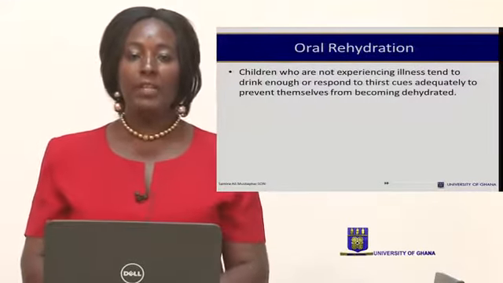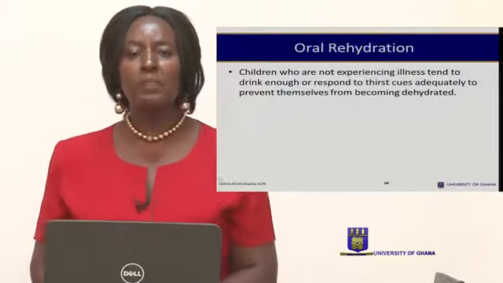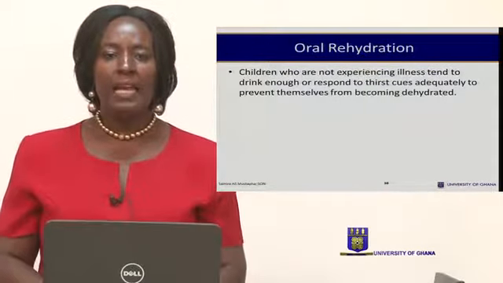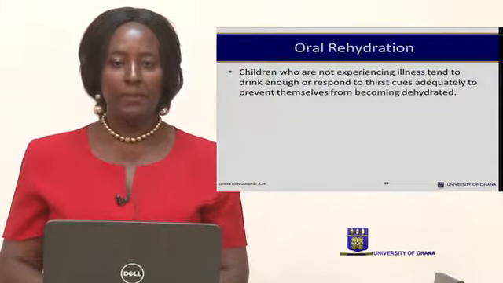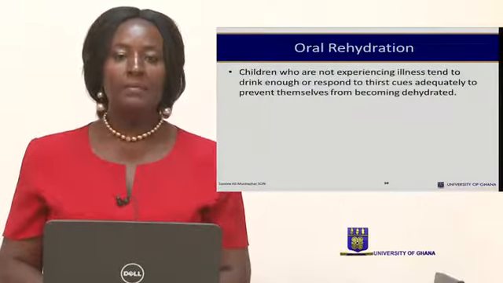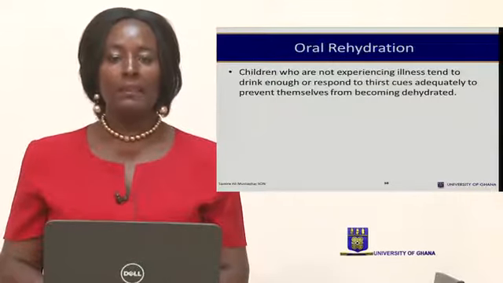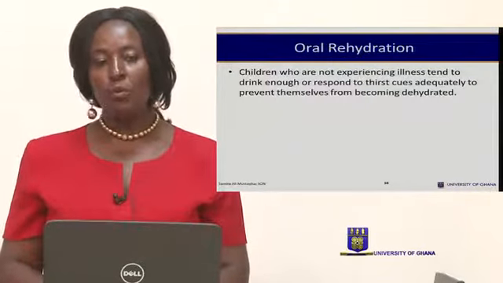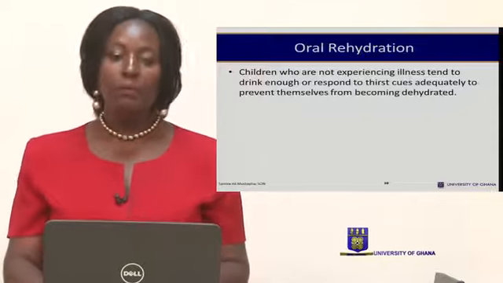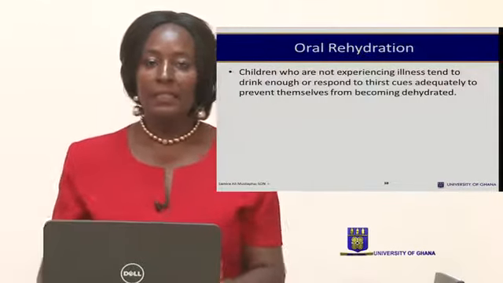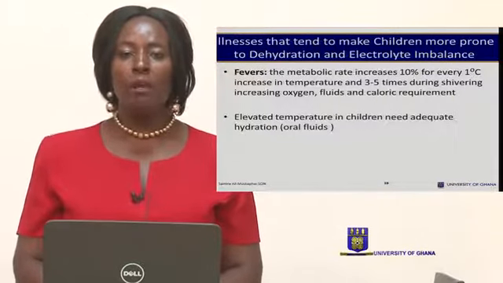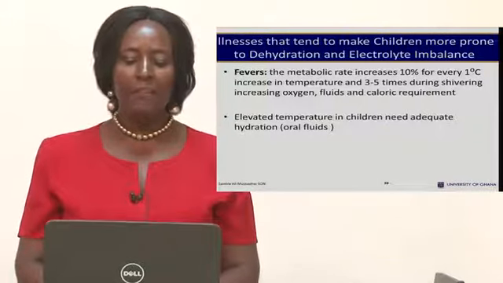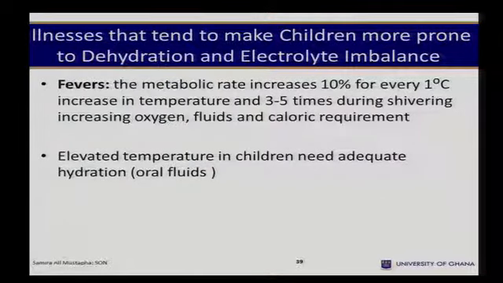So, oral rehydration. Children who are not experiencing illness tend to drink enough and respond to thirst cues adequately to prevent themselves from becoming dehydrated. So if a child is not sick, while they take enough water, they are okay. But illnesses that make children more prone to dehydration and electrolyte loss, we have said, include fever.